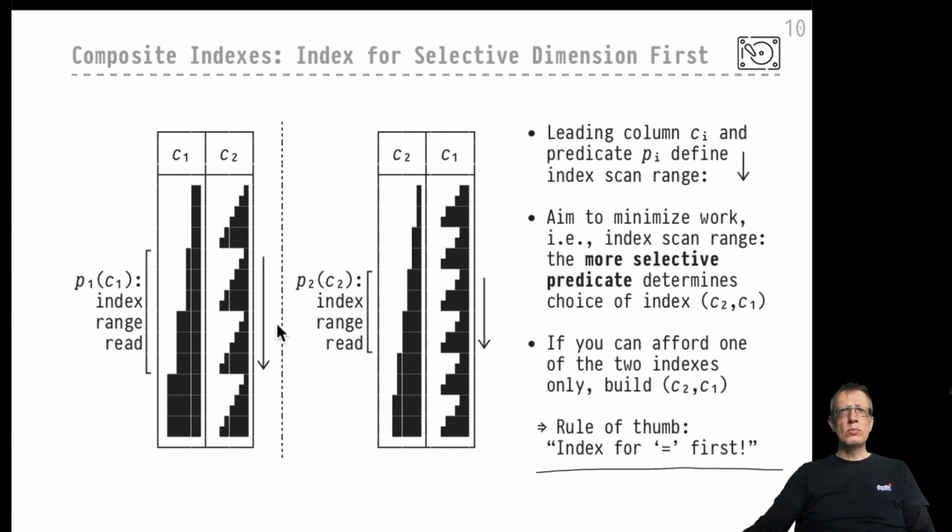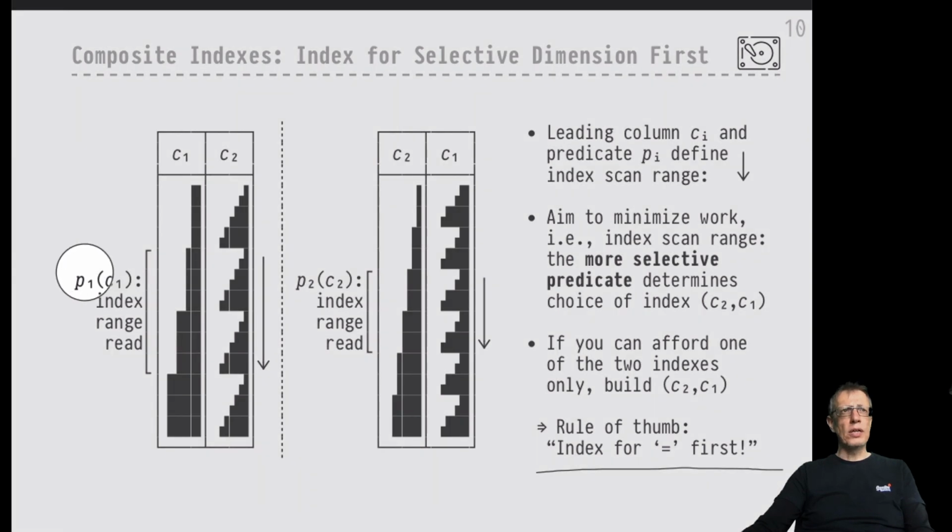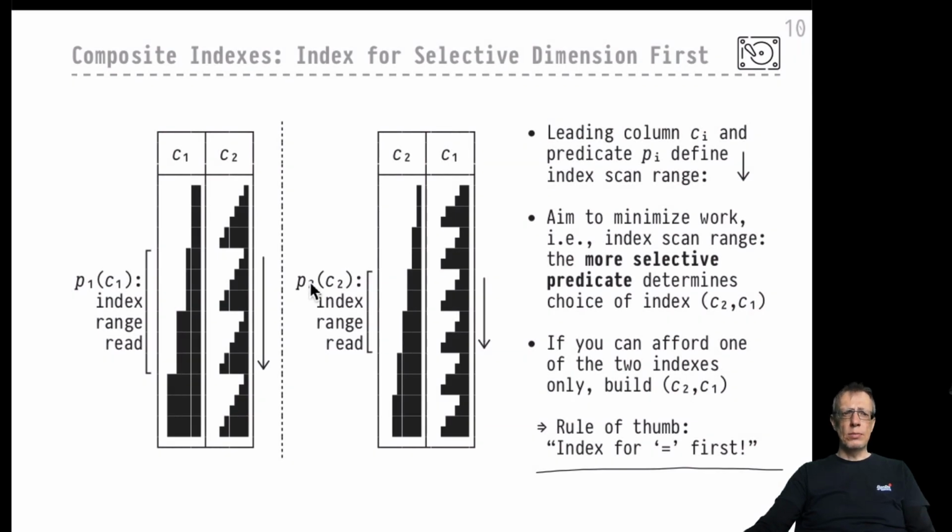If you find that parts of your predicate, maybe this part or this part of these composite, multidimensional predicates, query by equality, such equality comparisons of course lead to the narrowest scan window ranges. Equality really asks for just one such group, or maybe this particular group. Let's indicate this group. These are the smallest index scan ranges that I can hope for in these indexes.